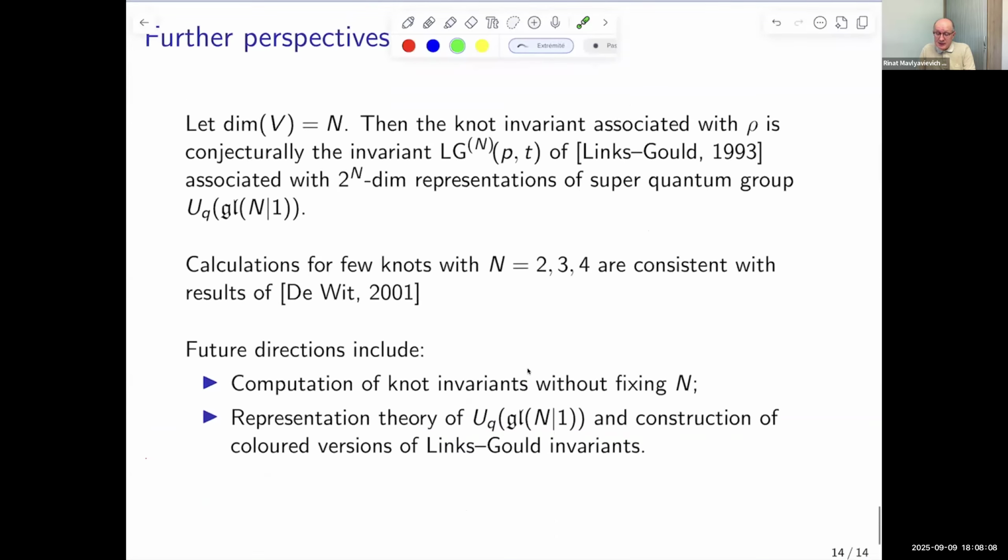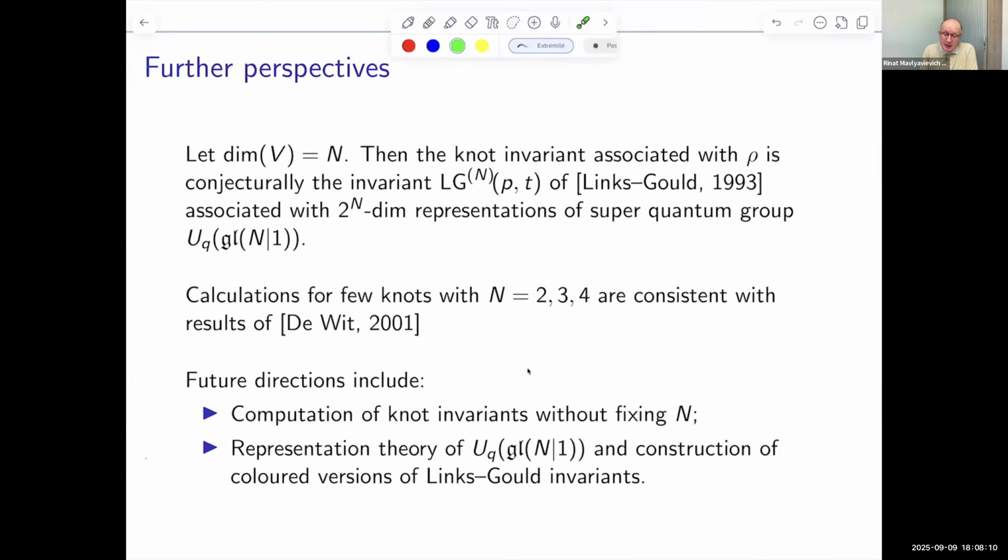My last slide: if we fix the dimension of V by an integer n, then the knot invariant associated to this rho R matrix is conjecturally the Links-Gould invariant associated with the 2^n dimensional representation of the super quantum group like this.